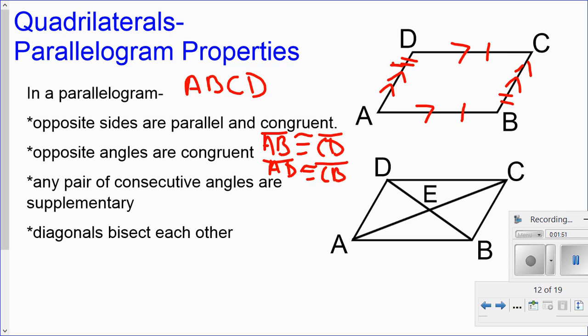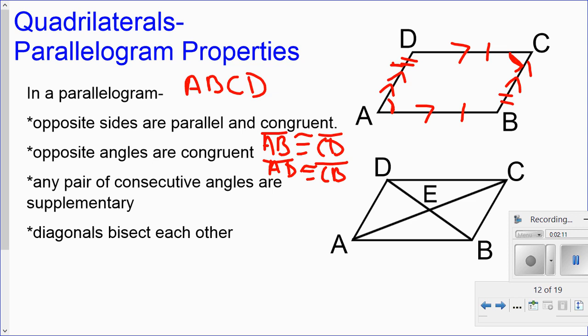Now, not only are the opposite sides congruent, but the opposite angles are congruent. When we're talking about opposite angles of a parallelogram, we're talking about angle A and angle C. They're opposite from one another, on the opposite side of the parallelogram.